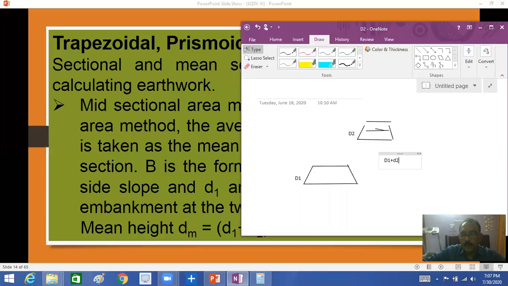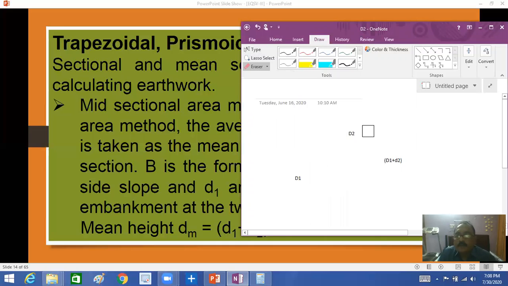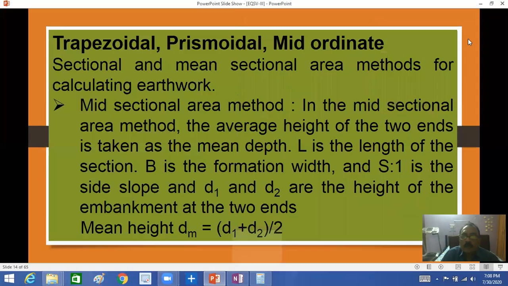You will get the average of these two. So D1 plus D2 by 2. In this way, we have to calculate the average, this mean height, Dm.